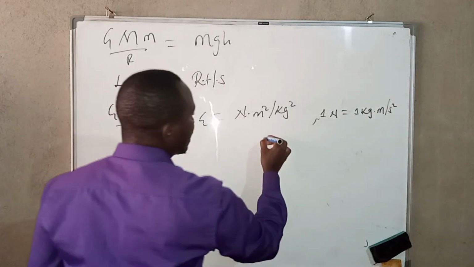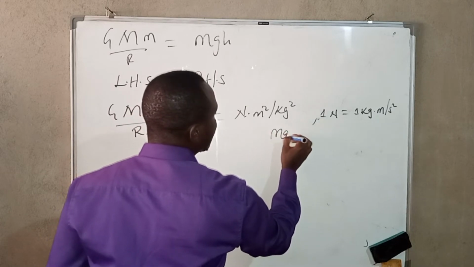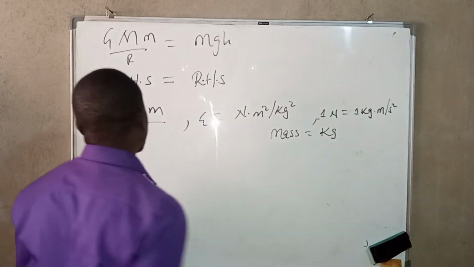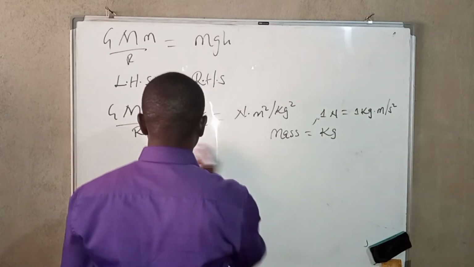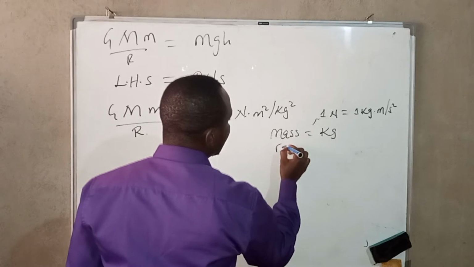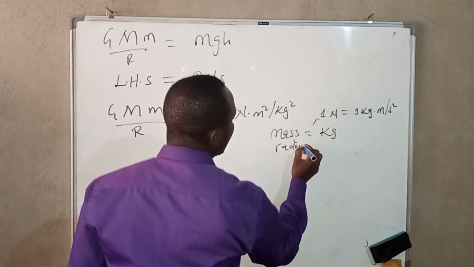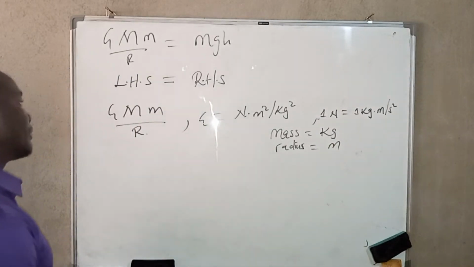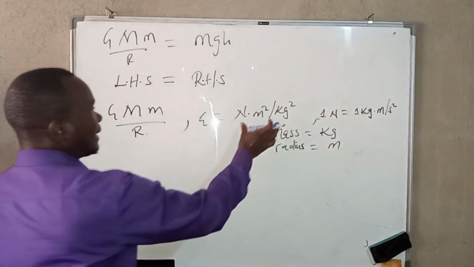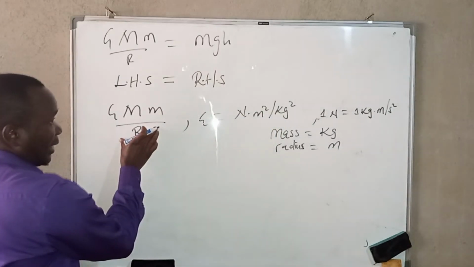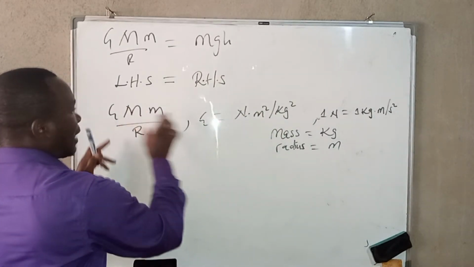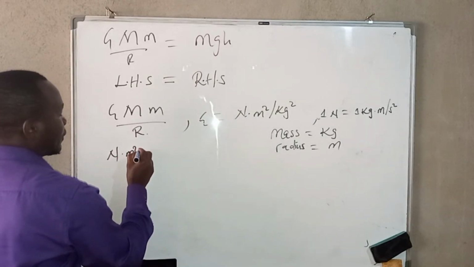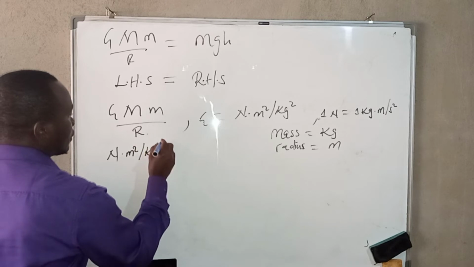We know that the units for mass are kg, and the radius, which is length, is in meters. So from this, let us plug into this equation and replace G by this one. So we have Newton meter squared per kg squared.